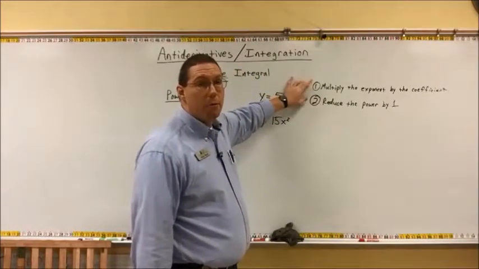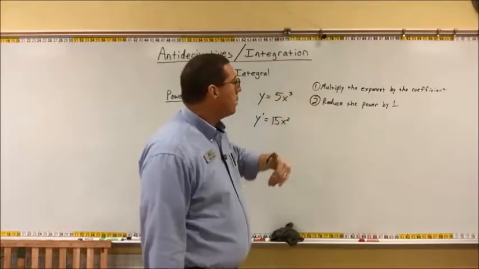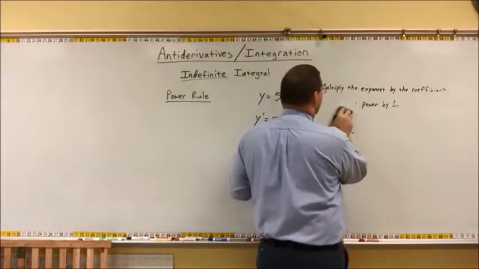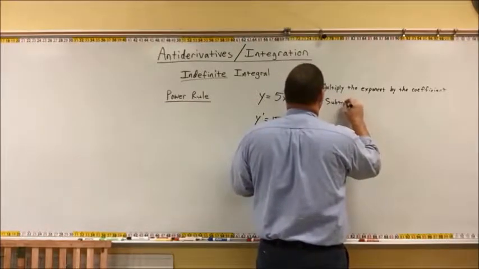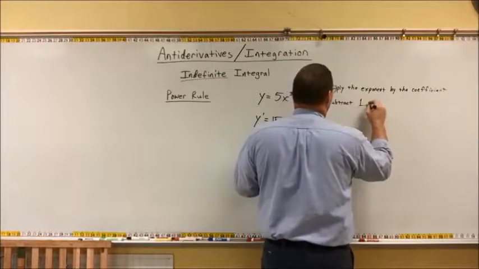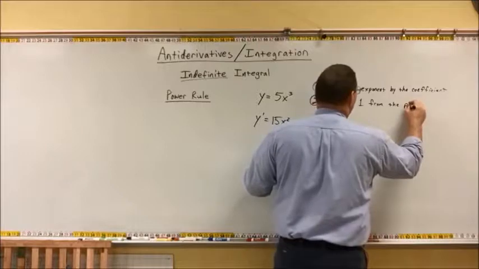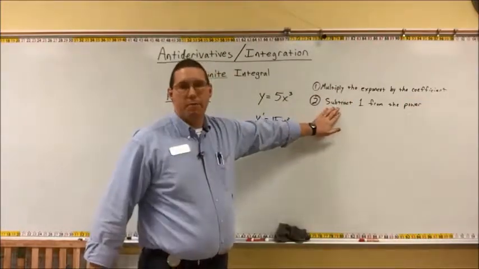And when I say backwards, I don't just mean we're going to do the steps backwards, but we're actually going to, in fact, let me change this, subtract 1 from the power.